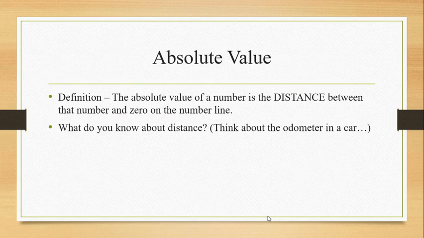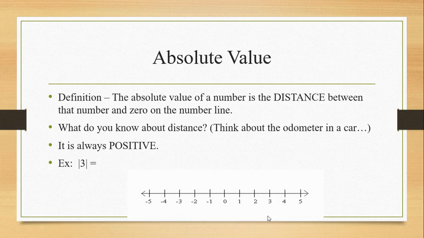When we think of our odometer in the car, notice that however far the car travels, it keeps adding to your mileage, which means that it's always positive. So, your absolute value is always positive. So if something says the absolute value of 3, what does that mean?